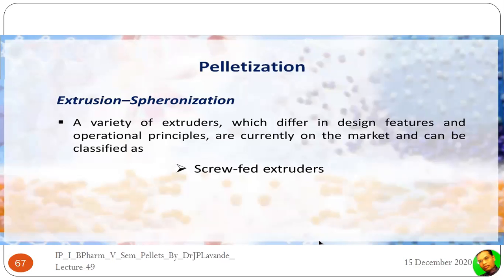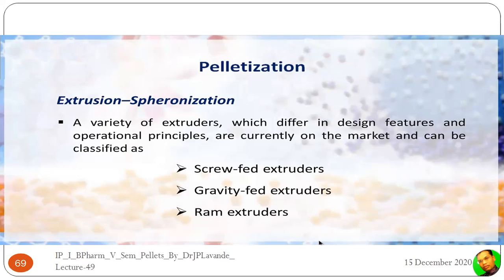This is the kind of extruder which consists of a device like a screw. The rotation of this screw device on its axis causes the forward movement of the mass or the pellets. Then there is the gravity fed extruder. The gravity fed extruder works on the principle of gravitational force, gravitational pull.